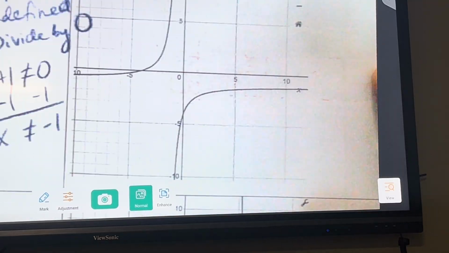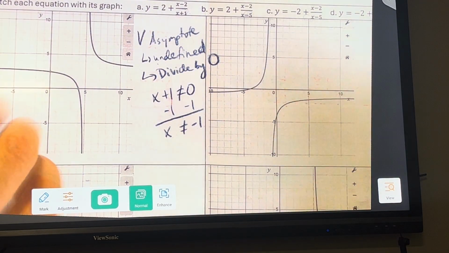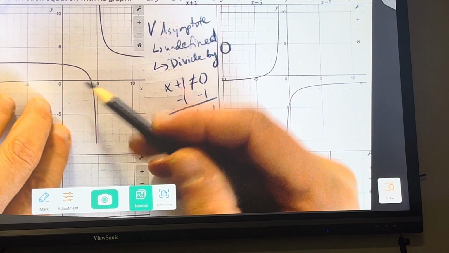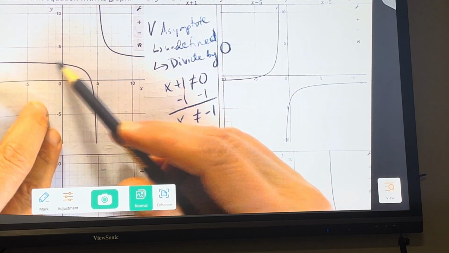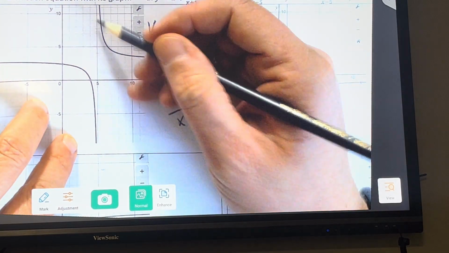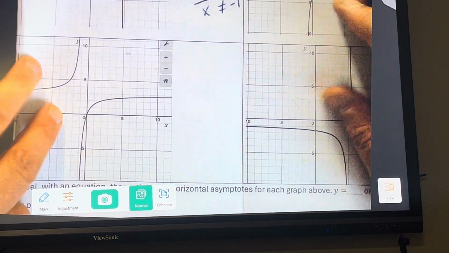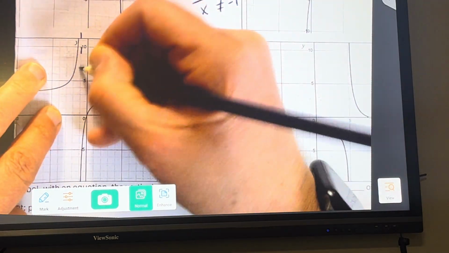So which are the graphs that have a vertical asymptote at x equal negative 1? On this graph, we have a vertical asymptote at x equal 5. On this graph, we have a vertical asymptote at x equal negative 1.